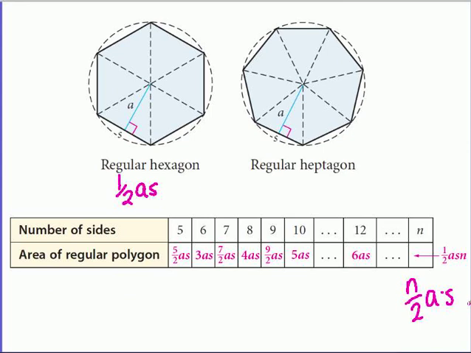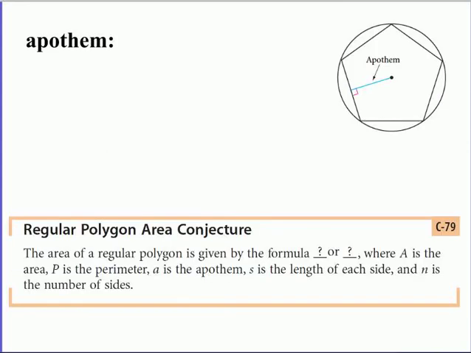Now we're going to talk about something known as the apothem. What does the apothem correlate to in what we were just looking at in the investigation? It's the height.